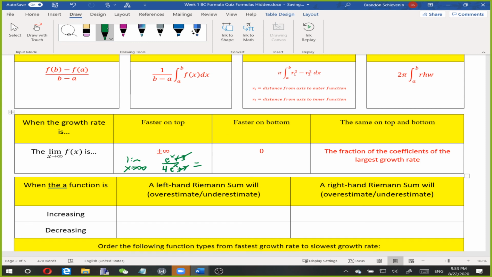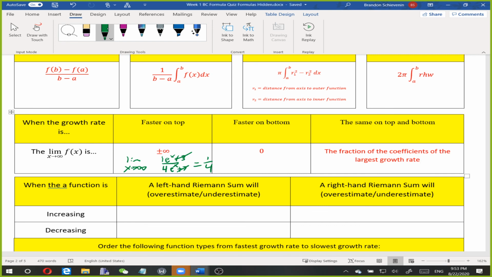I'm only concerned with which term is my fastest growth rate. And right now, exponentials grow faster than constants. So I'm only concerned with my exponential terms. My coefficients are 1 and 4. So I'm going to approach 1/4, since my growth rates were the same in this case.